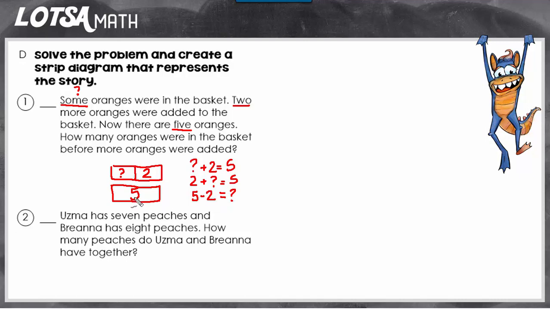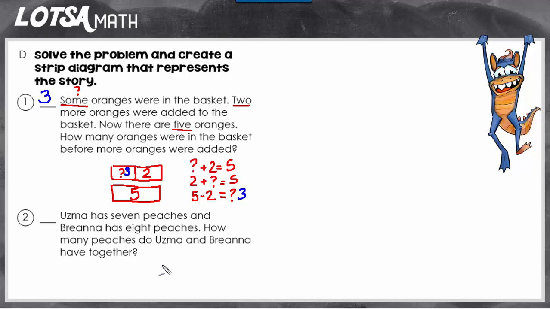But remember, since the 5 is the largest amount, a subtraction problem must start with the largest amount. So now we can see that 5 minus 2 equals that question mark. So 5 minus 2 equals 3. So the 3 belongs here in the strip diagram, and the 3 is the answer to our problem.